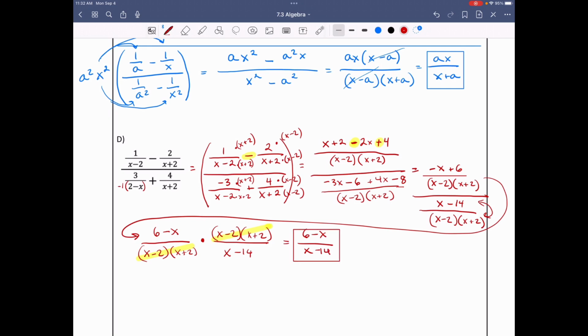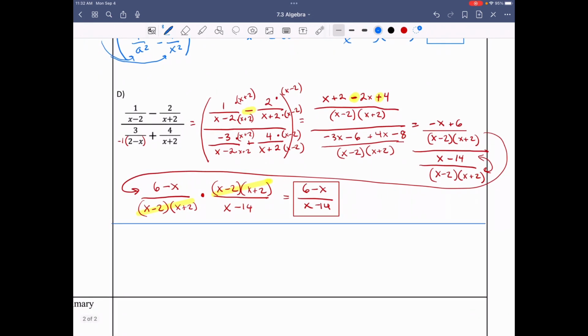And let's see if we can get that same answer using our other method, where we just multiply by the LCD. Rewrite the problem.